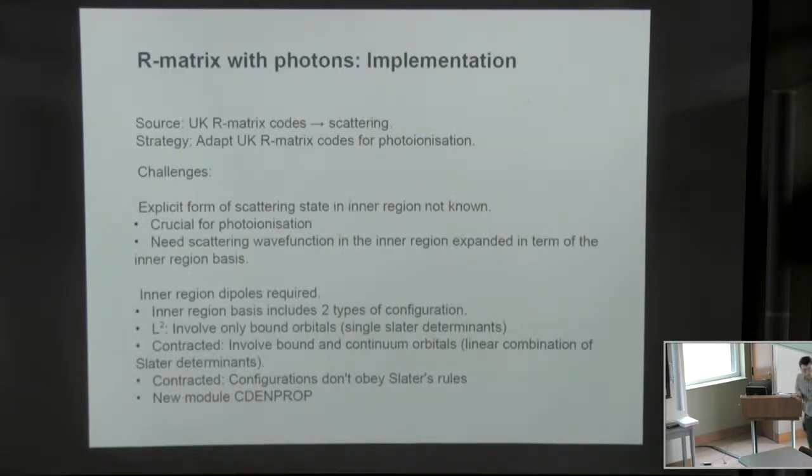So what do we need to do to adapt the R-matrix method to photoionization? There are really two technical challenges in adapting the UK R-matrix codes, and I'm going to talk a little bit about both of them.